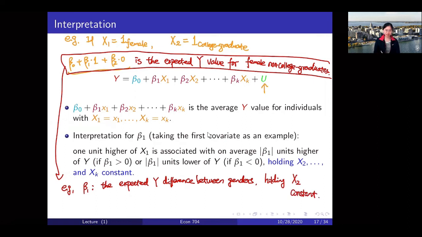Holding x2 constant, what is the average or expected y difference between genders? And that would be the interpretation for beta 1.